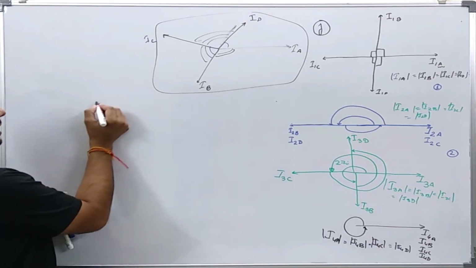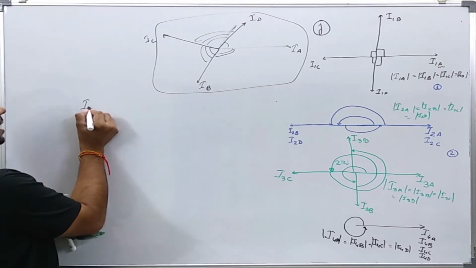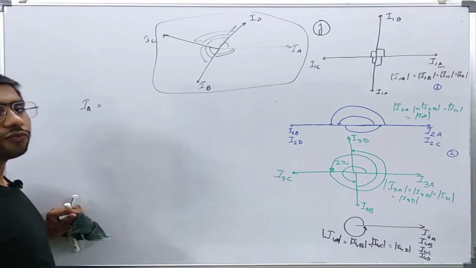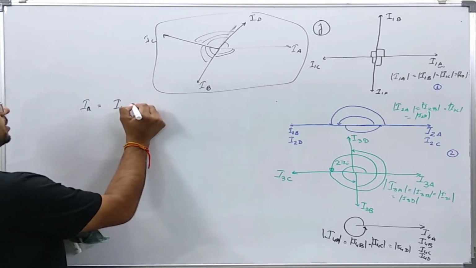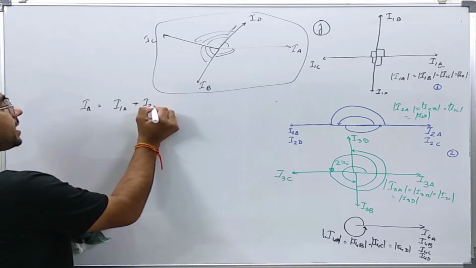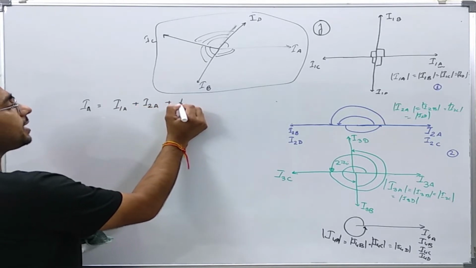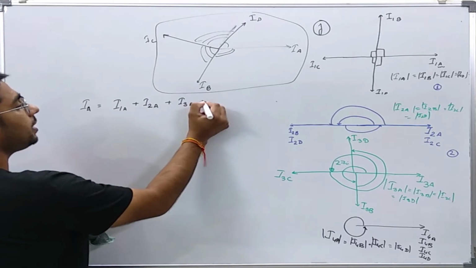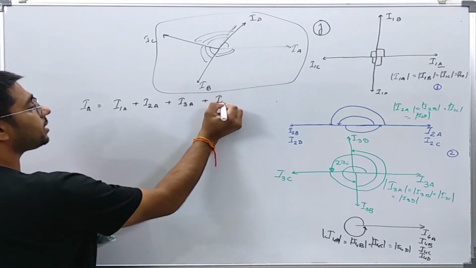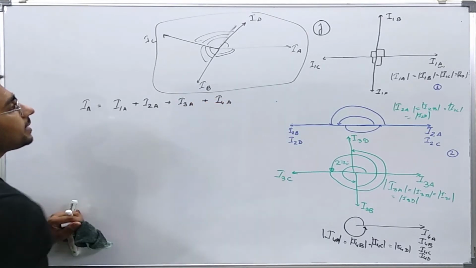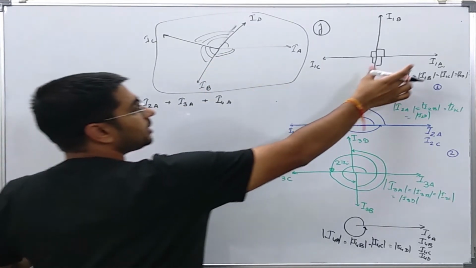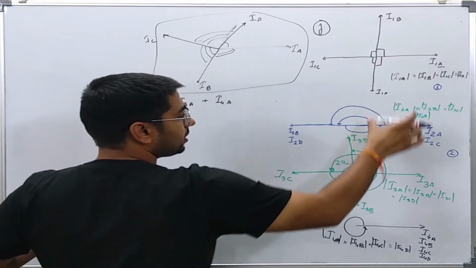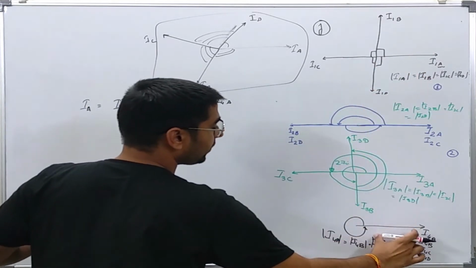Now, as I already told, IA is broken into 4 sets: the first set, the second set, the third set, and the fourth set. That is, to get this IA, we will have to add this phasor, this phasor, this phasor, and this phasor.